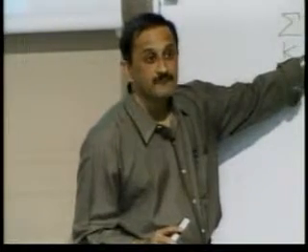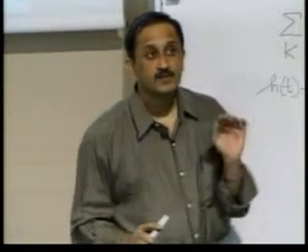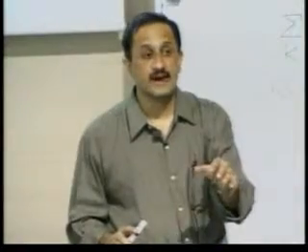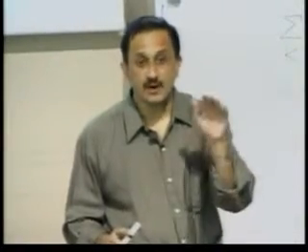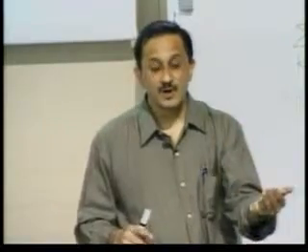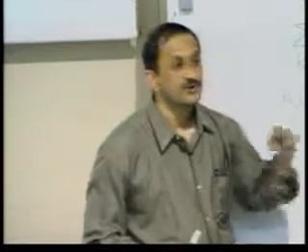So, to an excitation of the form e raised to the power j k omega naught t, the response is h omega evaluated at k omega naught, so h of k omega naught times e raised to the power j k omega naught t. And therefore, since the system is linear, one may add up all these responses to get a composite response as we have shown here. That is the statement that we are making.